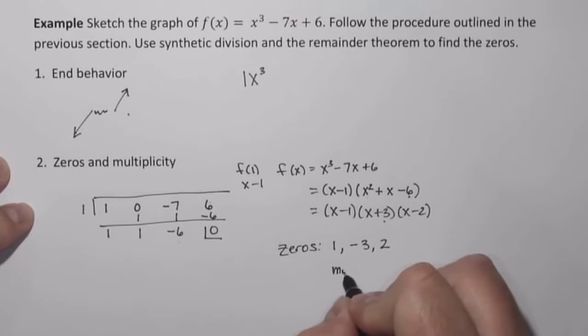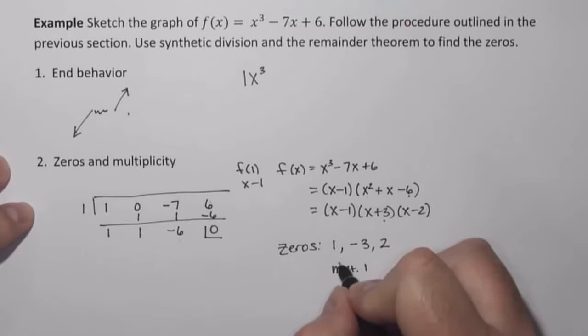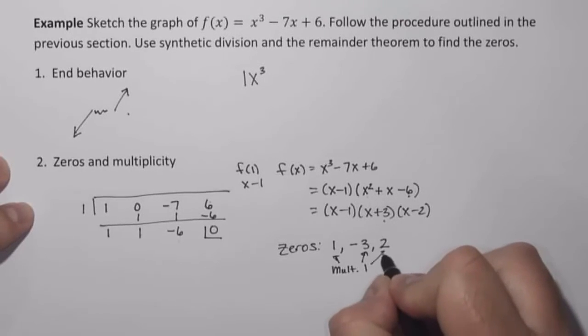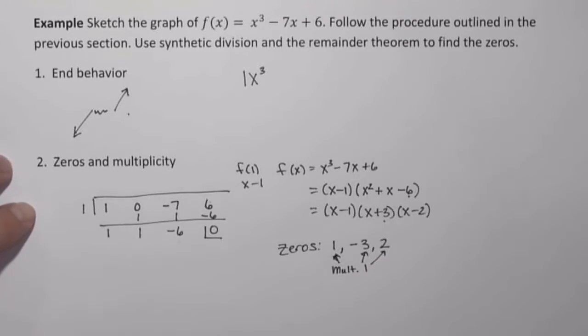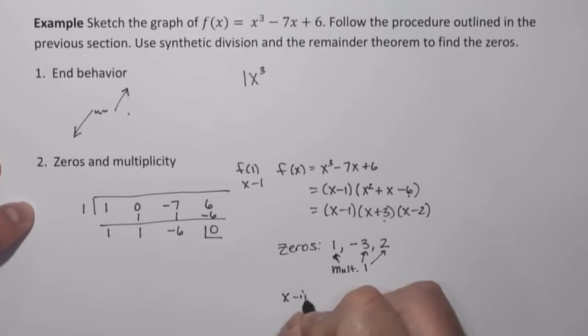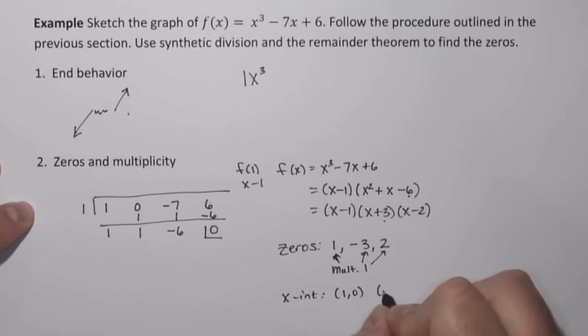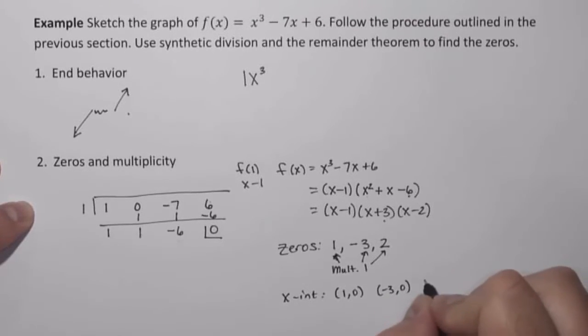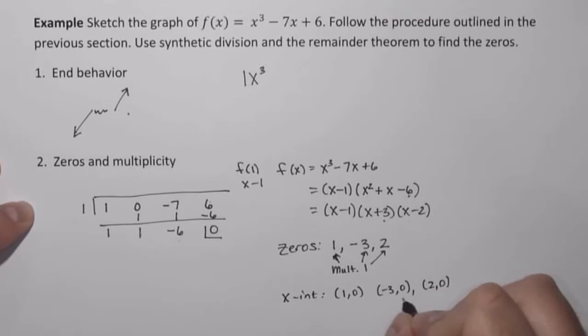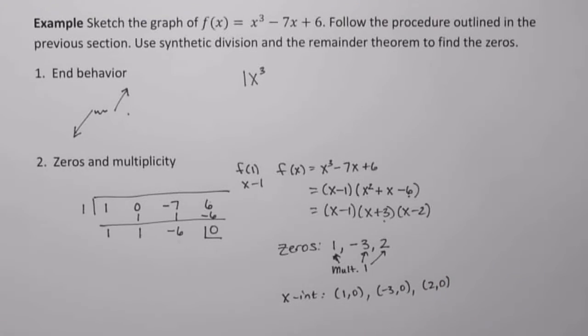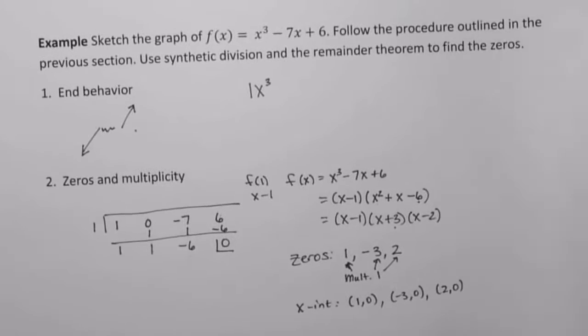So all three of these have a multiplicity of 1 in this particular case. Okay? This also means that we have x-intercepts. Our x-intercepts are (1, 0), (-3, 0), and (2, 0). So let's continue on the next page.